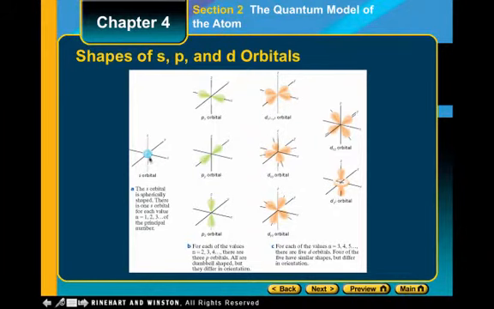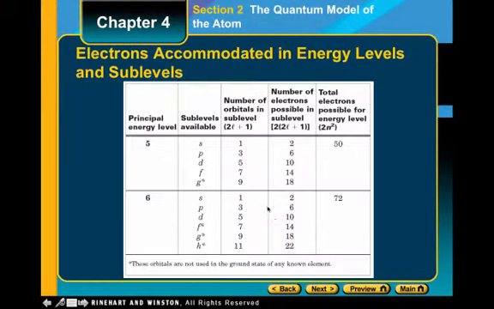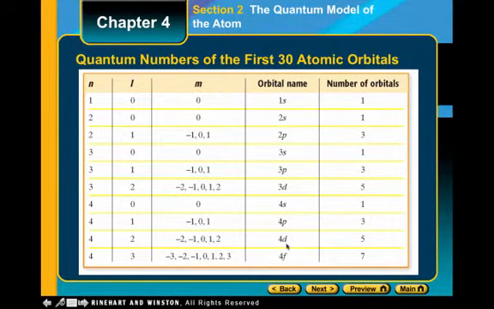Here's just a picture: S orbital, P, and then these 5 are the D sublevel. And then they have some equations that you can use to determine how many orbitals, how many electrons. We're going to go through and I'll show you how to do that based on just counting orbitals.